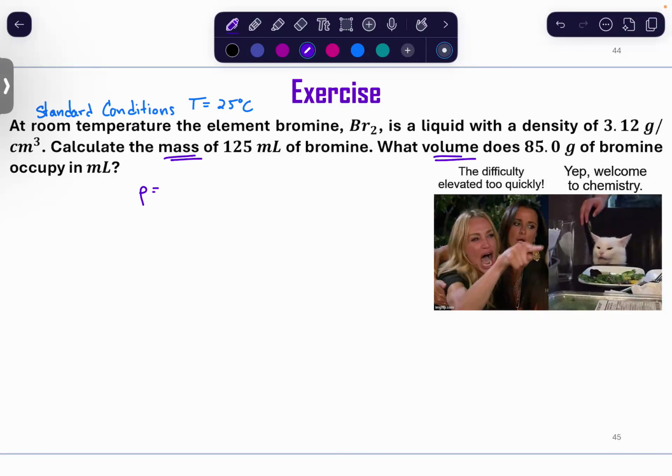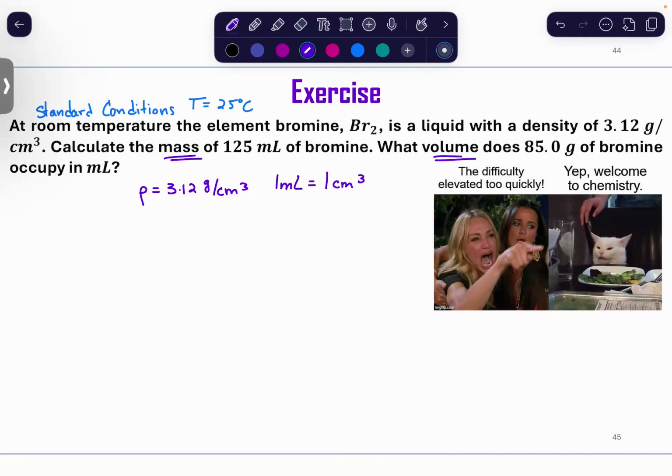The density of my bromine, 3.12 grams per cubic centimeter. Now, you see the question asked for milliliters, and you have a density in cubic centimeters. This is a really helpful conversion to get in your head. I know that 1 milliliter equals 1 cubic centimeter. So I can use either unit interchangeably. So it's also going to be 3.12 grams per milliliter.